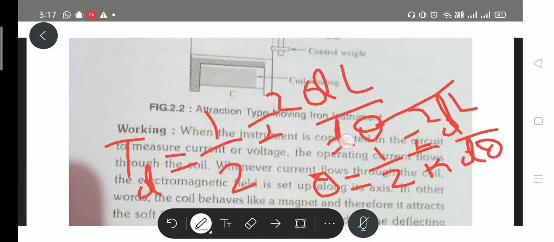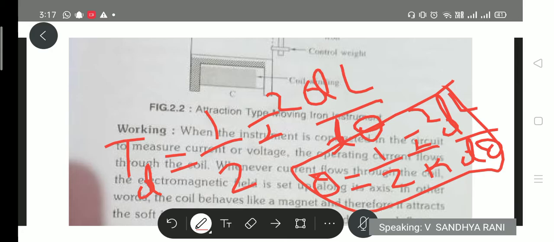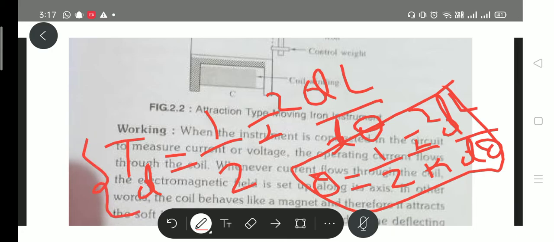This formula is also very important in the moving iron instrument. For the moving coil instrument, Td is equal to BINA. Okay, remember these four formulas. One is Td is equal to BINA, another one is Tc is equal to K theta. From that, theta is equal to BINA by K, that is the moving coil instrument.